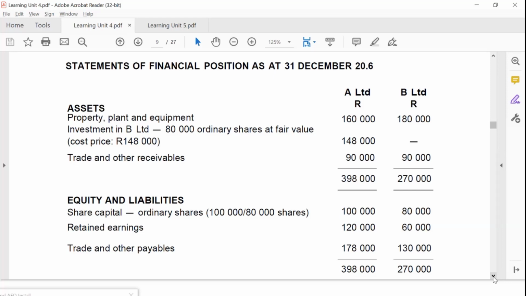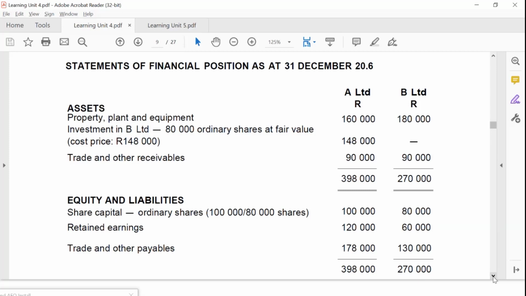Investment in B Limited is 80,000 ordinary shares, and the share capital of B Limited was 80,000 shares. So it's 80,000 divided by 80,000, then we get 100%. Good, 100%. That means the holding company A Limited holds 100% interest in B Limited. You've done so well.